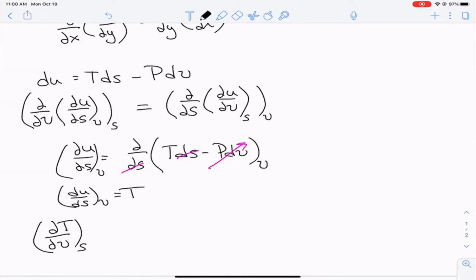In another way, it's also asking an interesting question. Like du ds at constant V physically is really asking the question, if you had a rigid box, how would the internal energy change as the entropy changed, right? And if you think about it, what would the slope of that be?